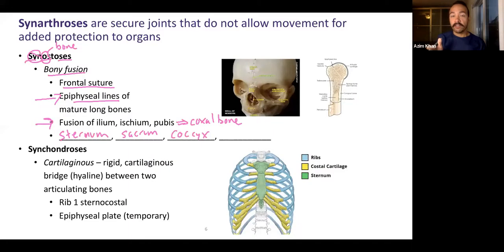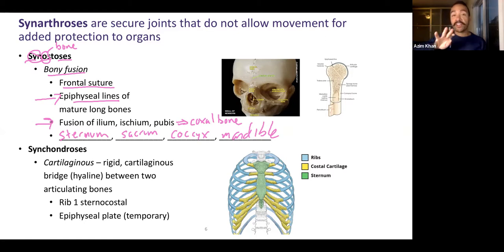And one more, it's actually in your face. We had the frontal bone already, that fuses together. The other one is down here, that forms that cleft chin. It's your mandible. So, funny writing there. Lots of different places where we have synarthroses. These are some prime examples.